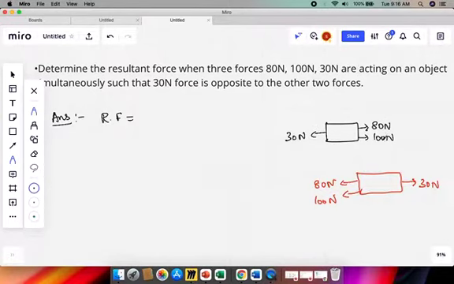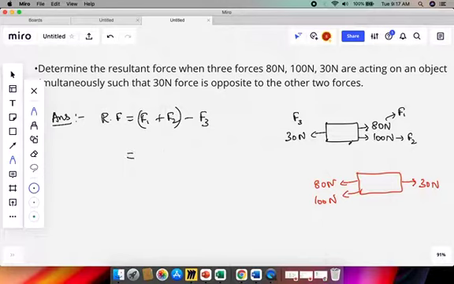So because 80 Newton and 100 Newton are acting in the same direction, we have to add these two forces. If I call 80 Newton as F1, 100 Newton as F2 and 30 Newton as F3, my resultant force will be F1 plus F2 minus F3, because F3 is in the opposite direction of these two forces.